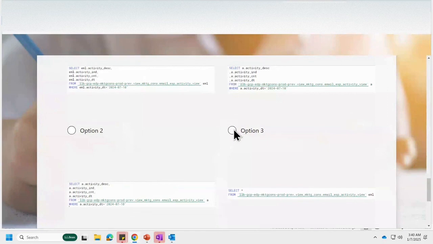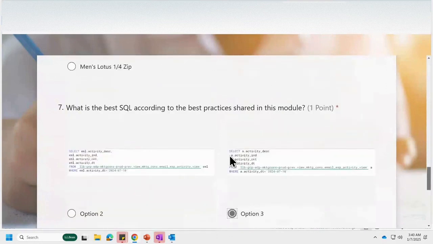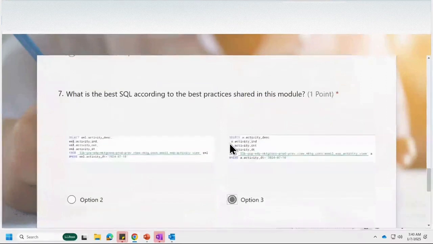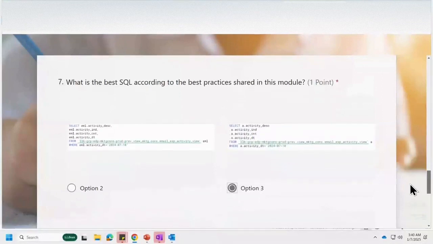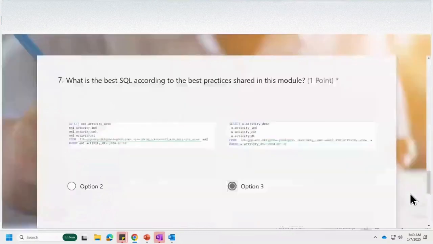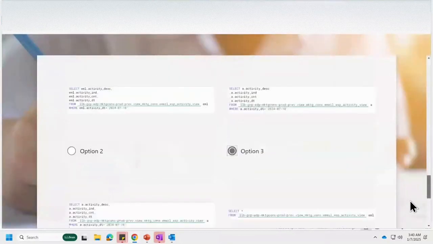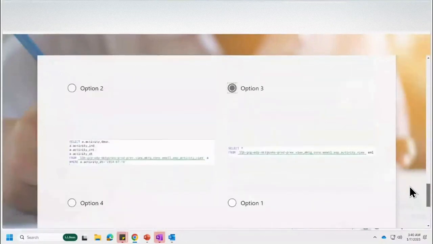It's this one because it's recommending to start new lines with commas. Exactly. So the second option... It would be 3.